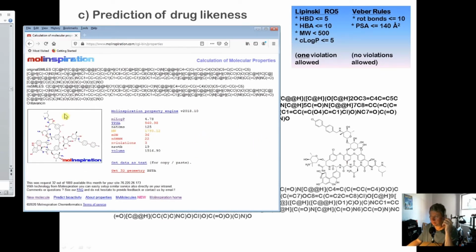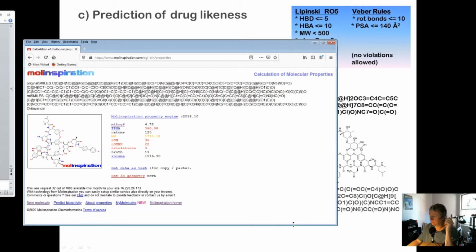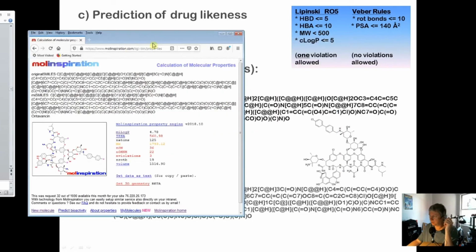Okay, so now we have the crazy molecule in, and you can actually see the two benzenes and the chlorine now, right there. Let's make it bigger now. Okay, so let's look at the properties.